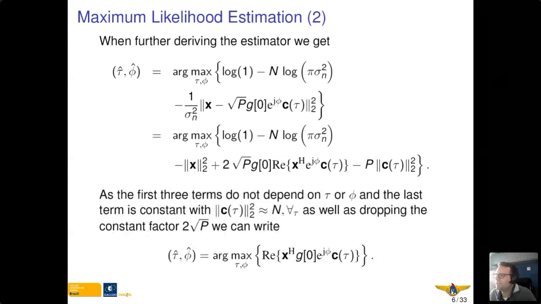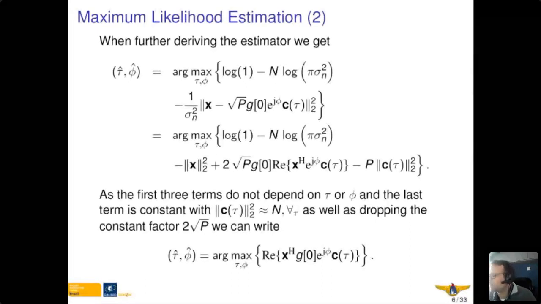And as the first three terms do not depend on tau and phi, and the last term, the L2 norm of c of tau, is constant for any time delay, we can also drop the last term. So we only have the dependency on this second term here that we can derive from the L2 norm of the received signal minus the model.